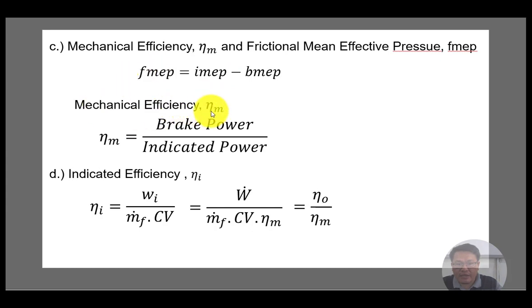Now for mechanical efficiency, we have your brake power divided by your indicated power. Usually brake power is the power that is already on the shaft of the transmission or shafting of the internal combustion engine, so this is already the output. The indicated power is the one that is computed.